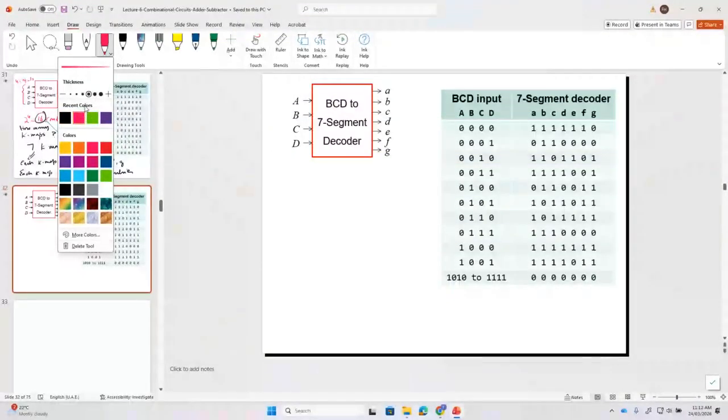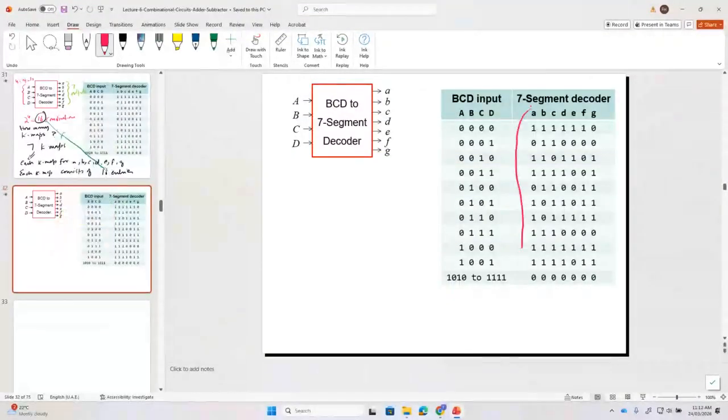Can you see here? This is my A. Now I want to solve for A. This is equally 0, then 1, 2, 3, 4, 5, 6, 7, 8, 9.